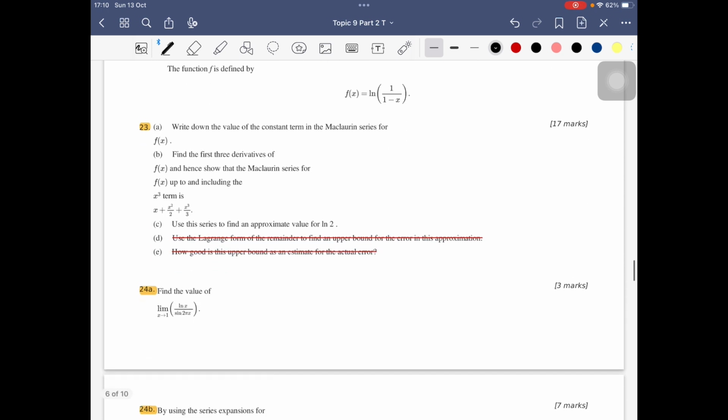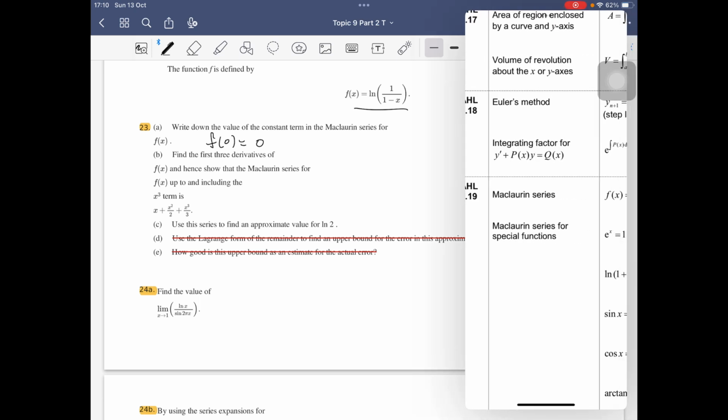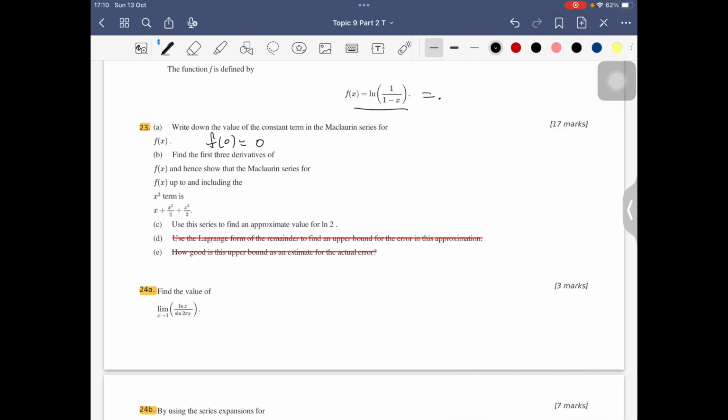Number 23: write down the value of the constant term in the Maclaurin series for f of x. The constant term is f of 0, which is 0. Then find the series up to and including the x cubed term. This f of x is ln 1 minus ln 1 minus x. ln 1 is 0, negative ln 1 minus x.